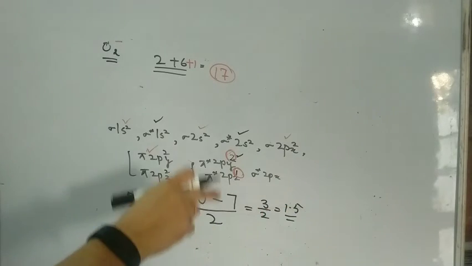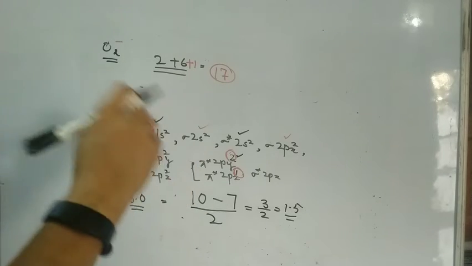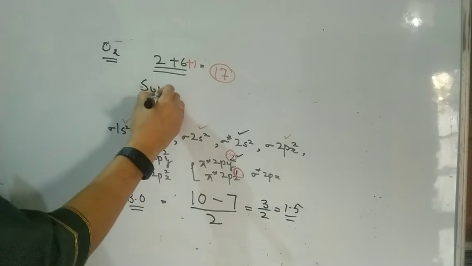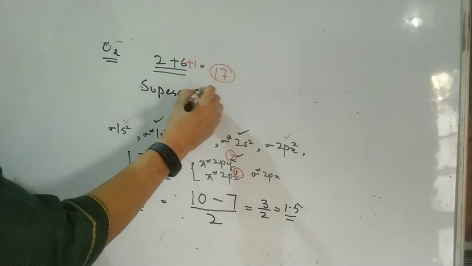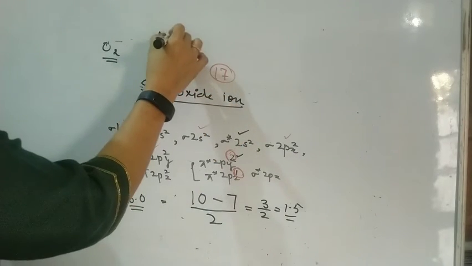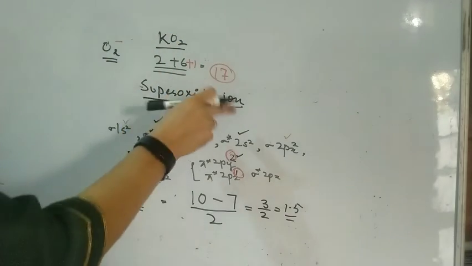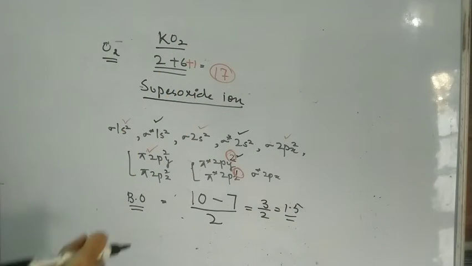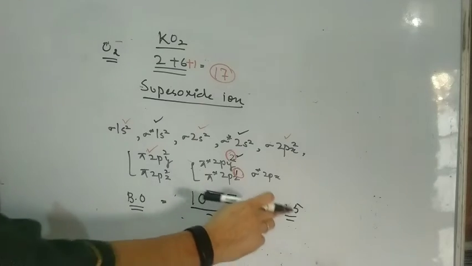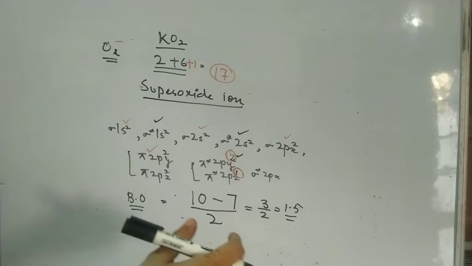That will be the bond order of O2 negative, which is also known as superoxide ion, KO2, potassium superoxide, carrying the superoxide ion. Fine. So here we are having bond order 1.5, that means neither a single bond nor a double bond.